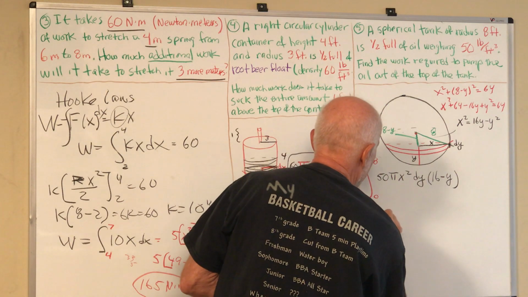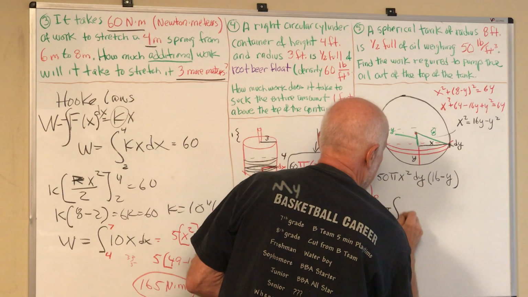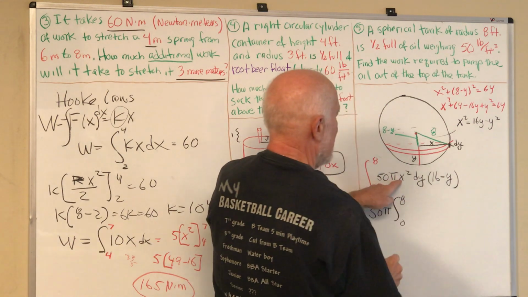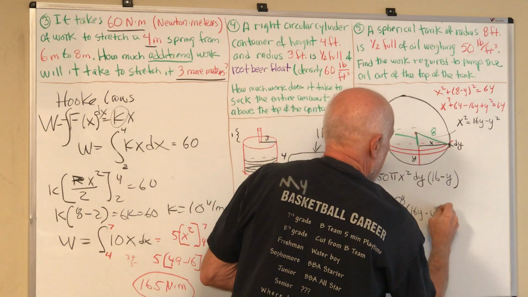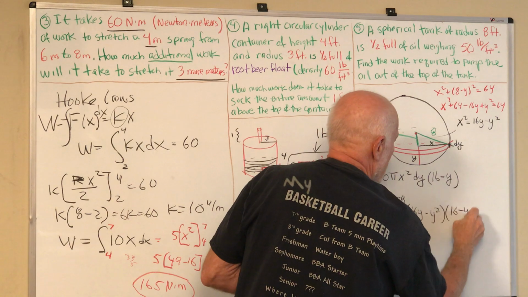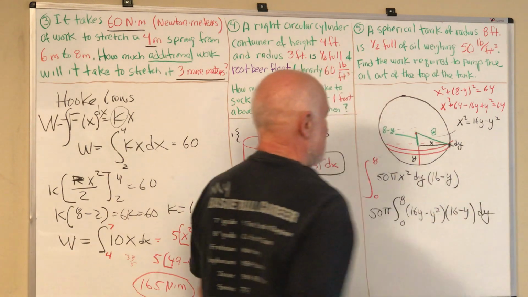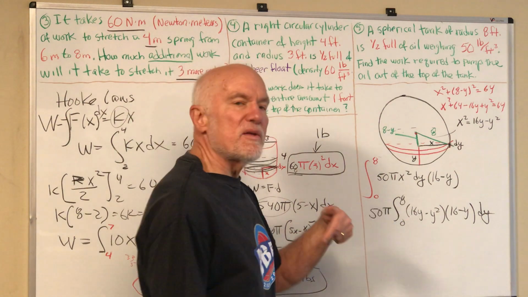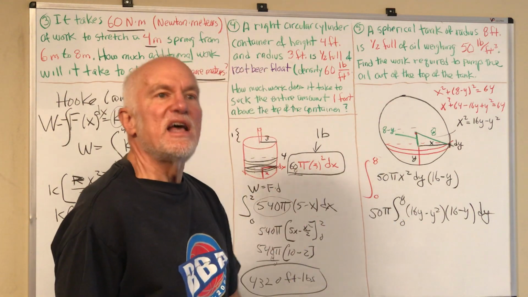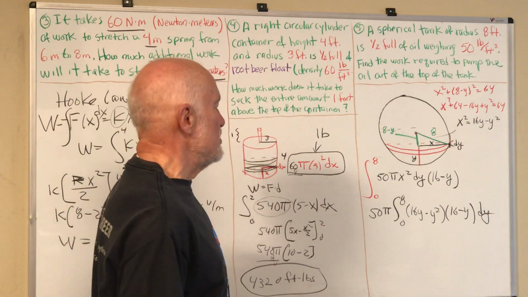And I can bring the 50 pi out front, so I just go x squared times 16 minus y dy. And that still requires quite a bit of calculation. I don't think it's worth your time to do that.